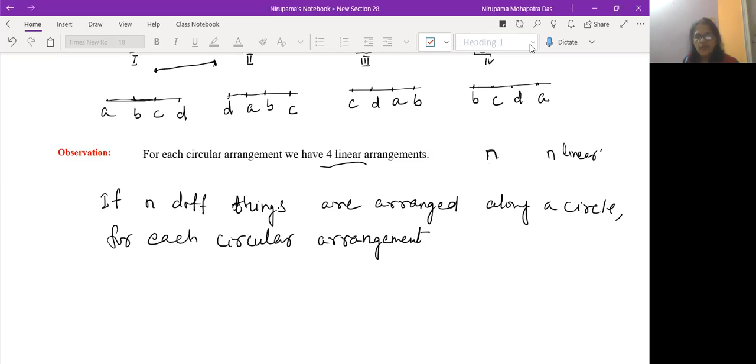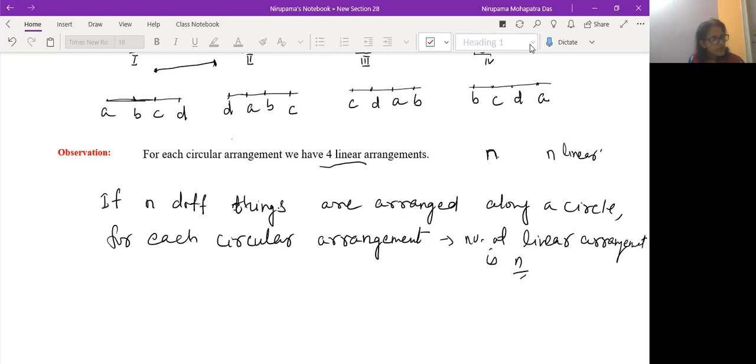For each circular arrangement, number of linear arrangements is n. Okay, that is our observation.